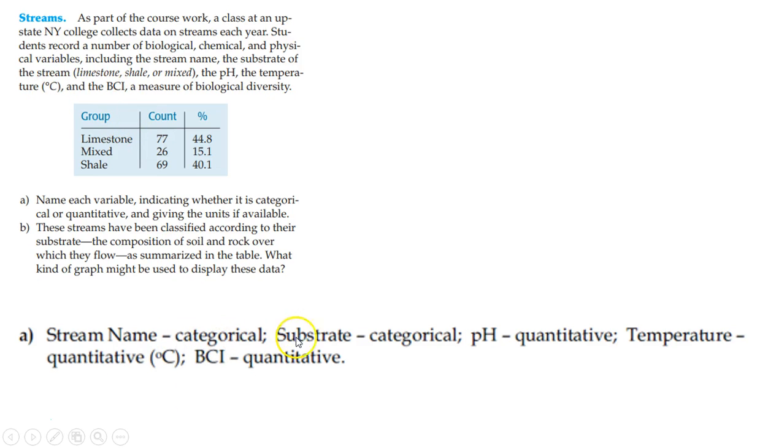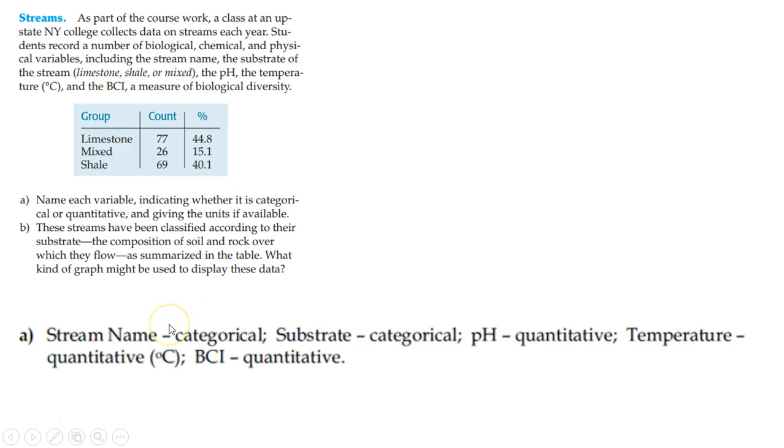So categories, all right, the substrates are definitely categorical, right? Right here they are. All right, quantitative data: a pH is a number that you can add, temperature is a number, BCI is also a number that we can add. So those are all different measures.